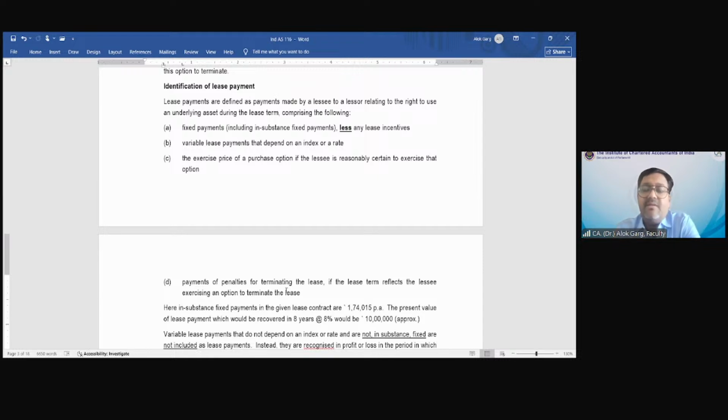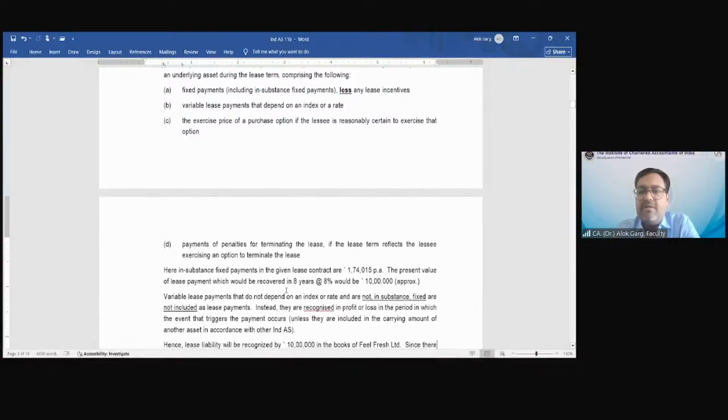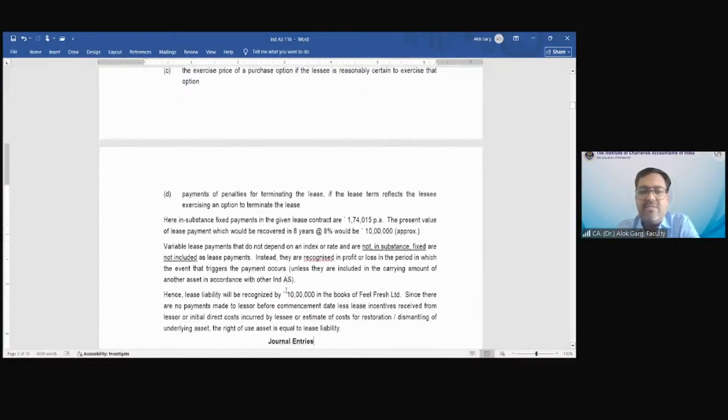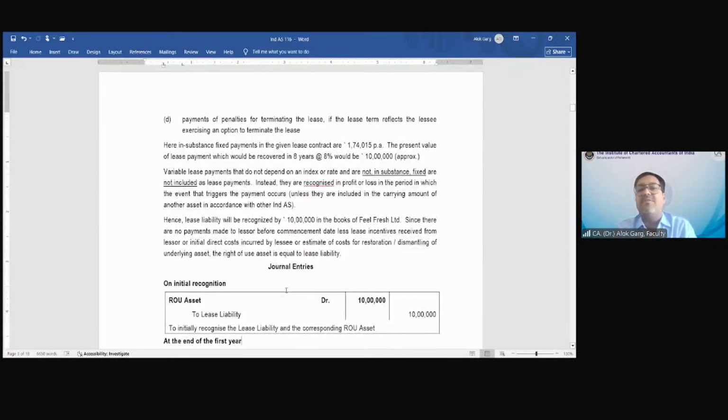Then this variable payment will not be considered here. Is there any exercise price, termination penalty, or residual value guarantee? The answer is no. So the in-substance fixed payment in the given lease contract is 1,74,015 per annum, and what will its present value be?